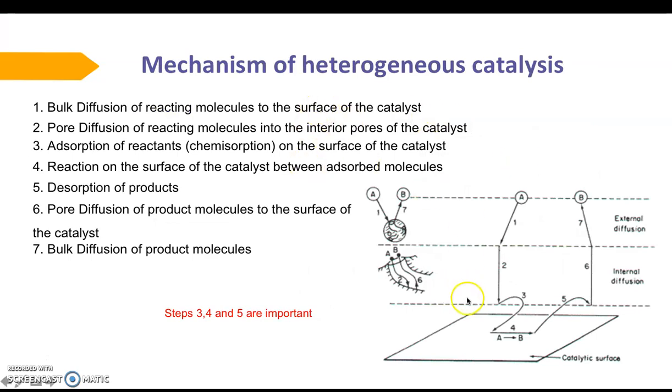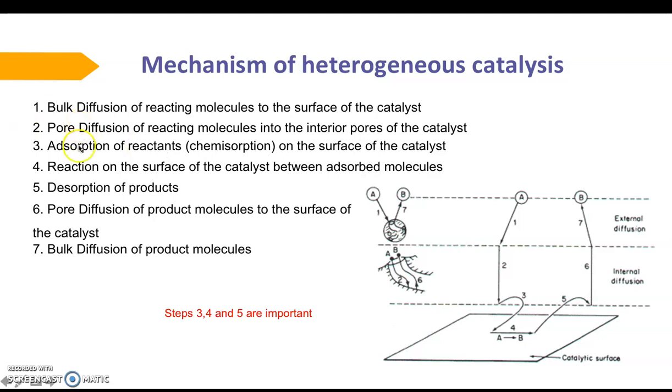Let's say we're focusing on steps 3, 4, 5, because 1, 2, 6, 7 are rapid steps. So in the slide just now, RDS means the step that is the slowest will determine the rate of reaction.